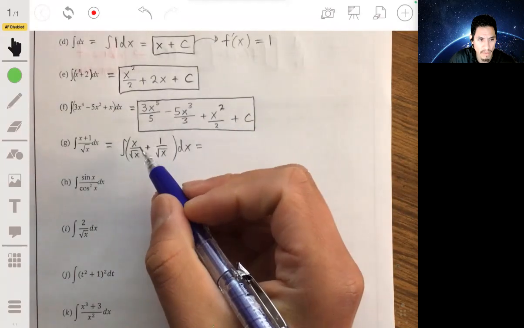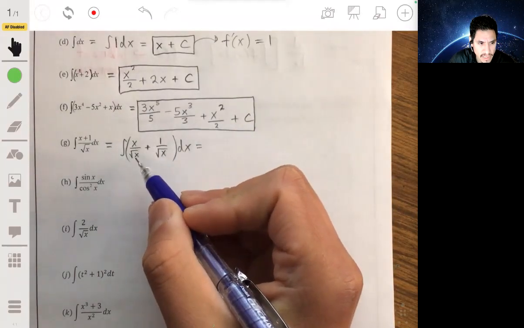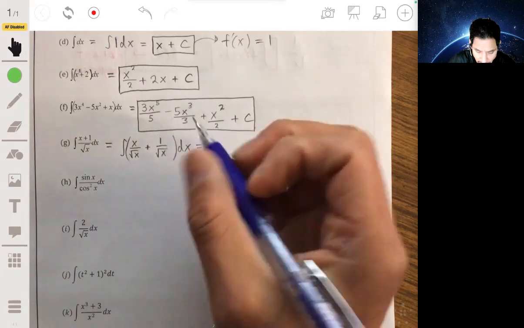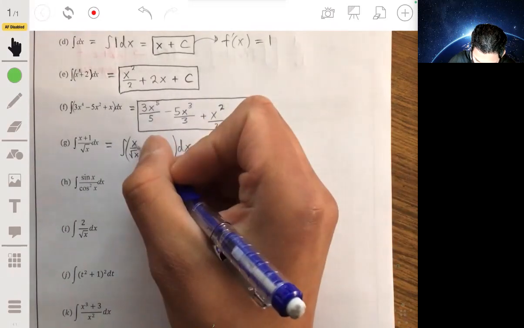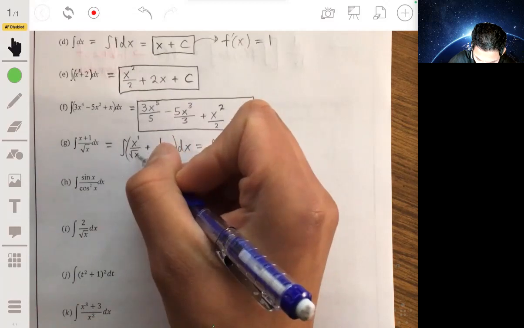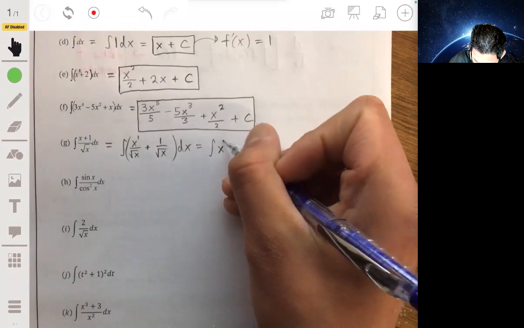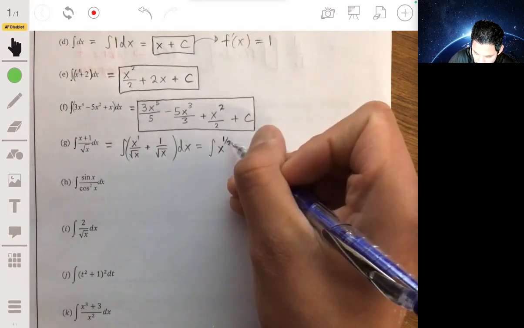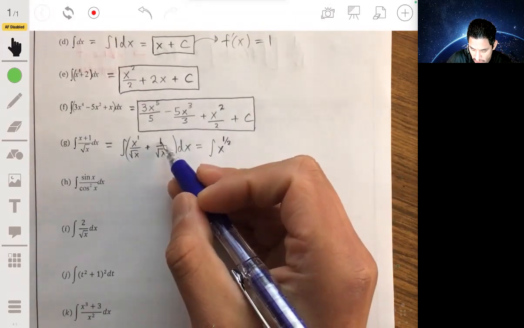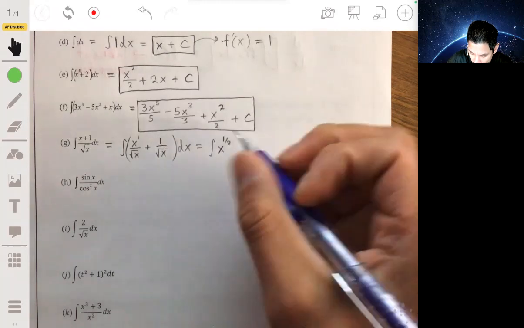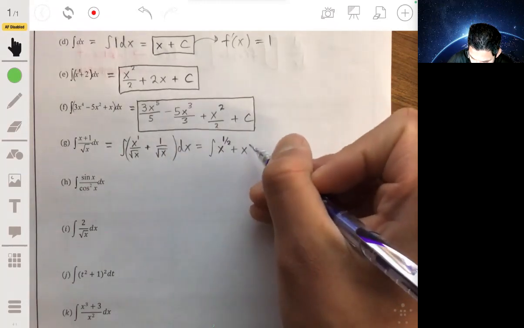Now, remember, x over the square root of x, the square root of x is x to the 1/2. So this is the same as x to the 1 over x to the 1/2. So this first part will just be x to the 1/2, just using the exponent property. And 1 over x to the 1/2 is the same as x to the negative 1/2.